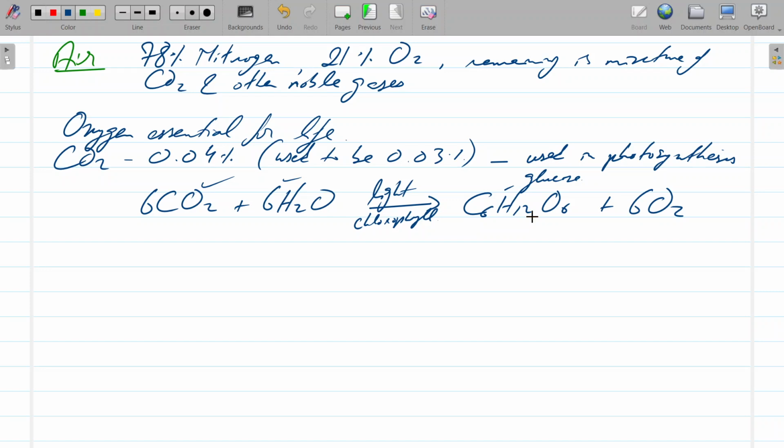And so, as I mentioned, we're going to come to that later. It is considered a greenhouse gas.